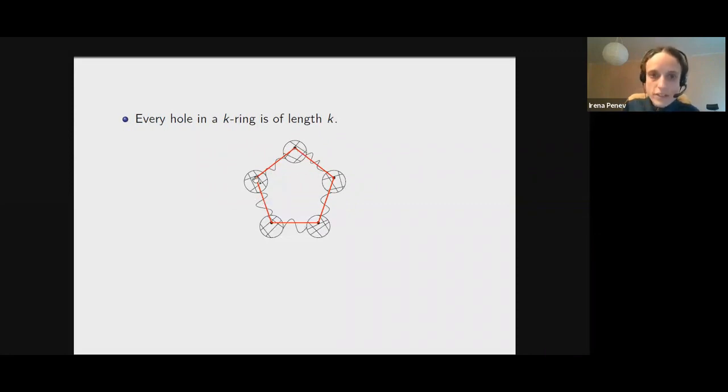You take one vertex from each clique and then you have the edges as represented. Notice in particular these odd rings: odd rings will have only odd holes of the same length as the ring. In particular, they're even hole free. So these odd rings, which are of interest to me, are a particular kind of even hole free graphs.